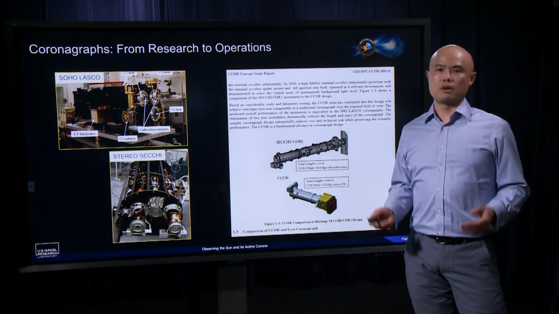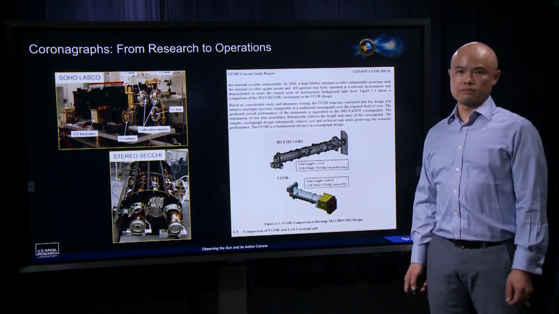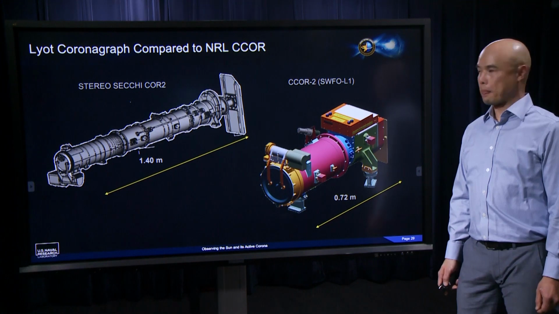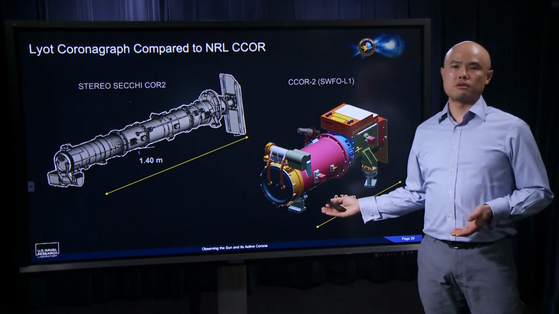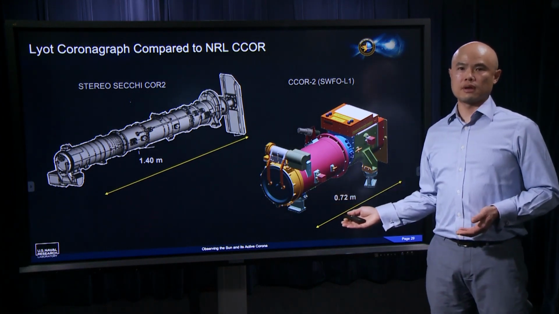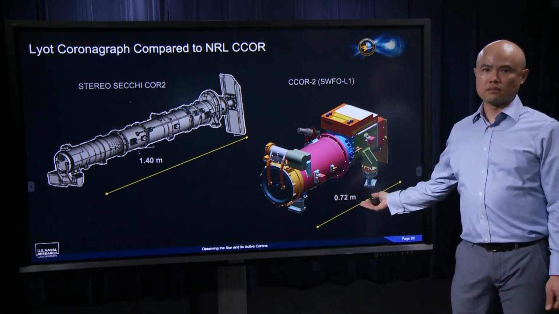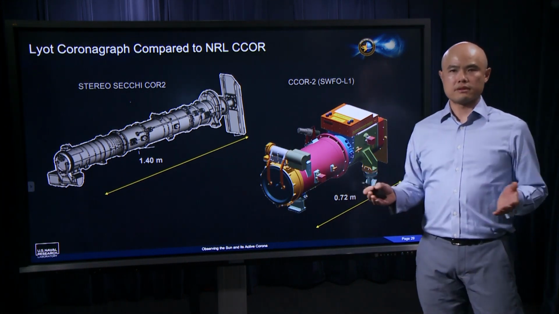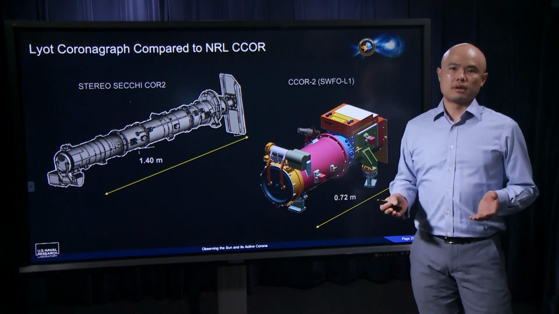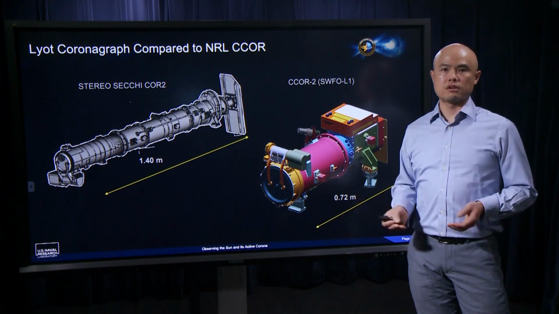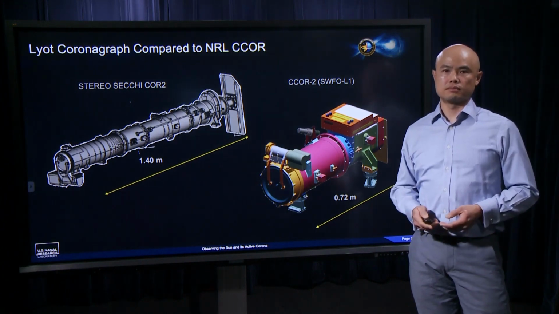Thus was born our Compact Coronagraph, or CCOR instrument. In comparison to a conventional LEO coronagraph like COR2 on STEREO, the CCOR design is roughly half the size, which makes it much easier to accommodate either as a rideshare payload or a primary instrument on a small, dedicated space weather mission.